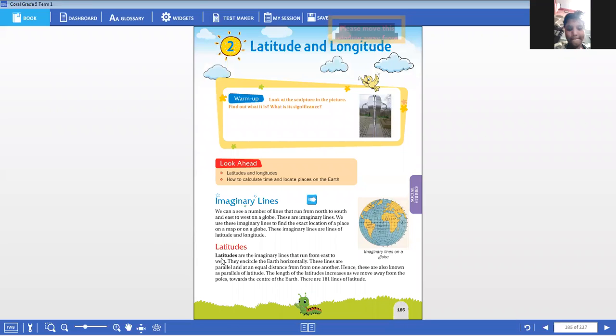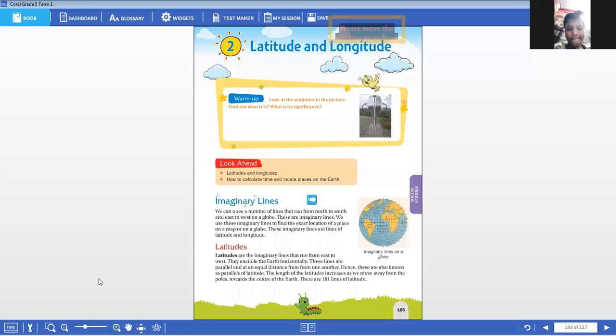Okay, coming to the topic, yesterday we came to know that latitudes and longitudes are imaginary lines. They are actually not present on Earth, but we imagine them because these lines are helpful to us to locate a specific area or a place.